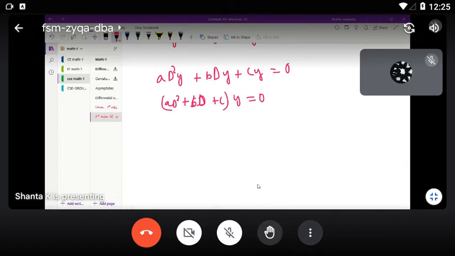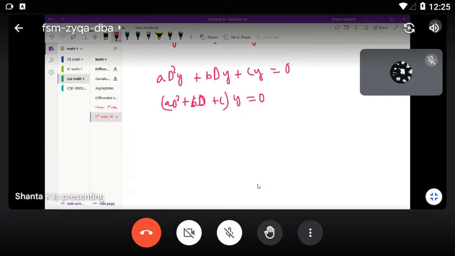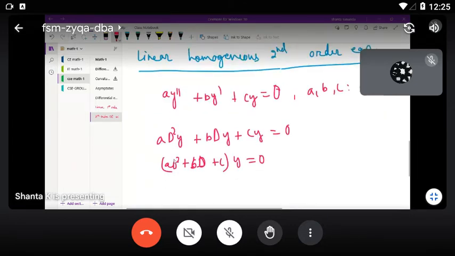Now here, the solution. So when we talk about the solution of this equation, we will have the general solution, or you can say the particular solution. So whenever we have this type of form, we can write it in this form.